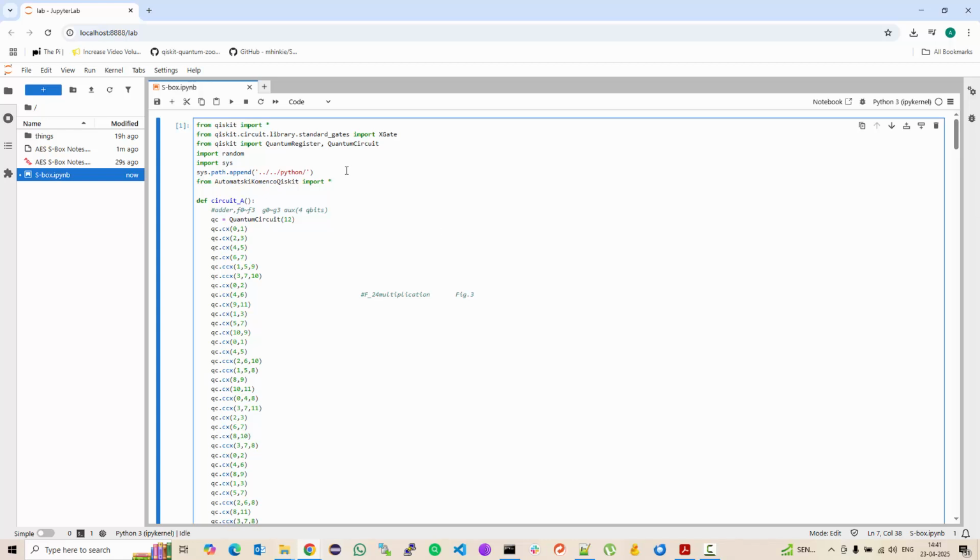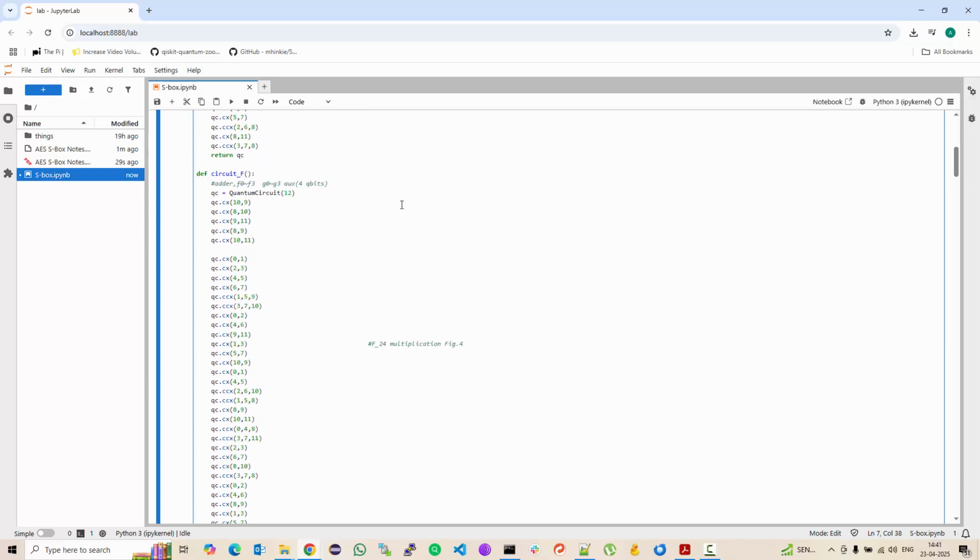So this is the regular Qiskit circuit. We are defining the circuit in Qiskit, but instead of running it on IBM's quantum computers, we are running it on Automatsky quantum computers because Automatsky quantum computers can support thousands of logic gates and lakhs of logical qubits, and lakhs of gates.